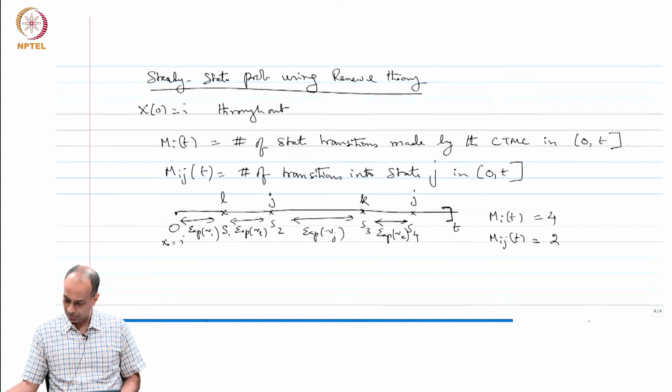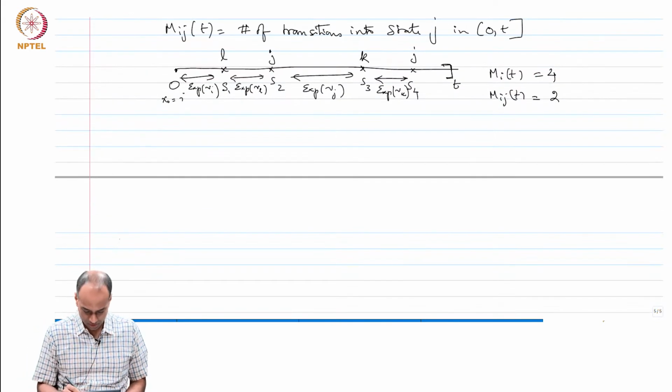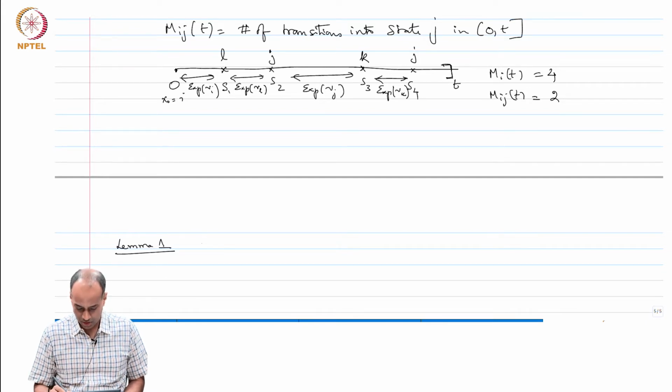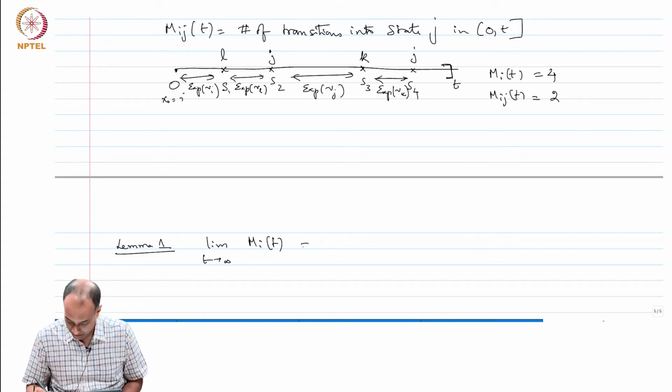First of all, you can prove a few lemmas, which I will not get into in great detail. You can show, lemma 1, that the limit as t tends to infinity of Mi(t) is infinity with probability 1.